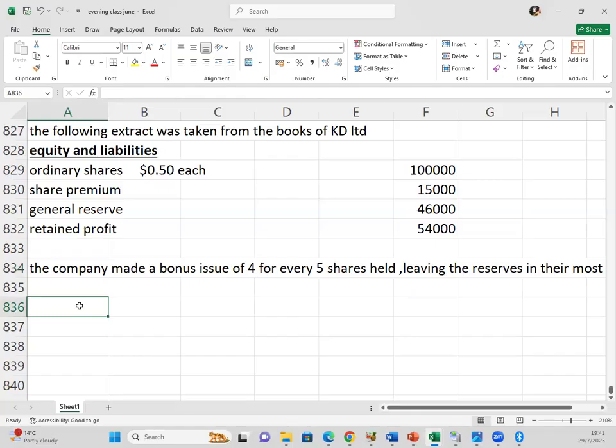So the first thing here, before we actually get to the debit and credit, let's tell how many shares were issued.